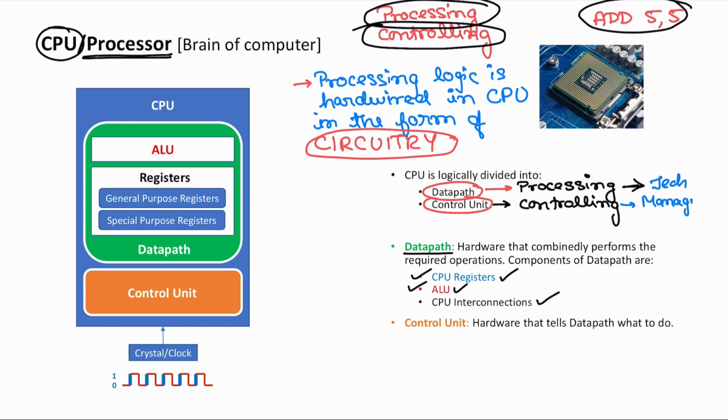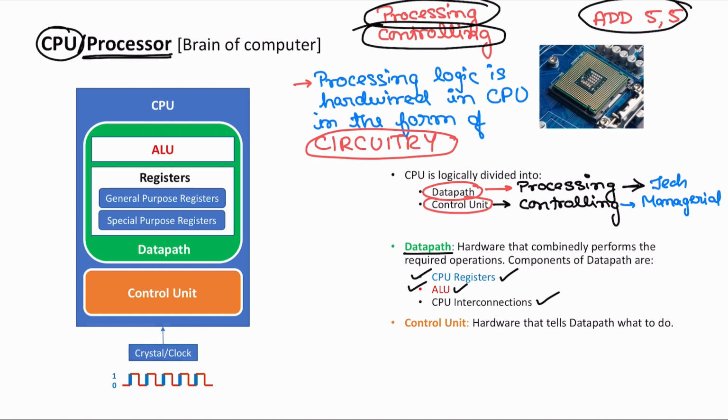Now this technical team always has the potential to do certain tasks, but these tasks should be assigned to them, right? The control unit, that is the managerial team, is the one who assigns these tasks to team members of the technical team. So if we want to perform some task, the managerial team will be assigning this task to each team member of the technical team, or each of the components of the data path.